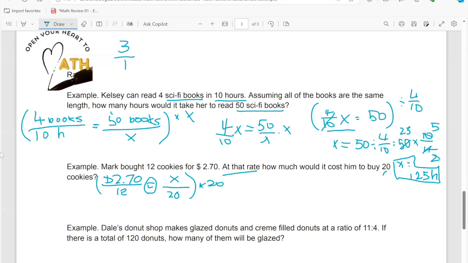Therefore, left side, it has 270 over 12 multiply 20 equals x over 20 multiply 20, cancel, cancel. Therefore, I have x left on the right side equals, you calculate this part. You can do that calculation on your calculator really quick. x equals 4.5. $4.50 is how much it'll cost you to buy 20 cookies.